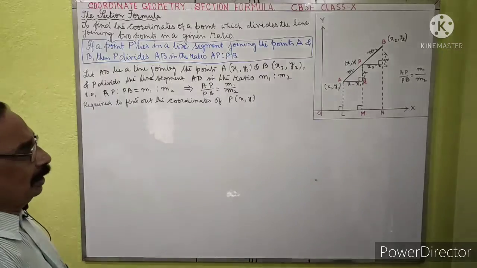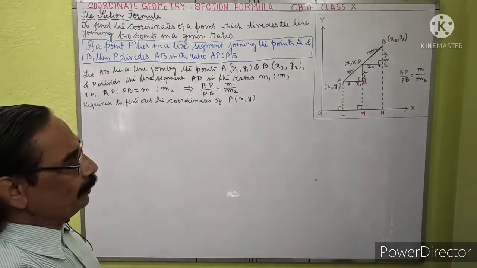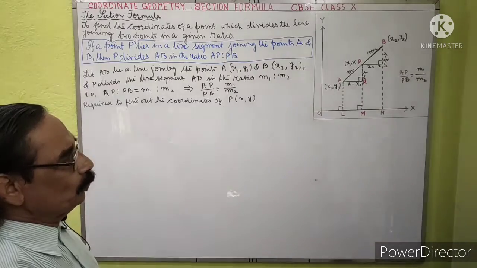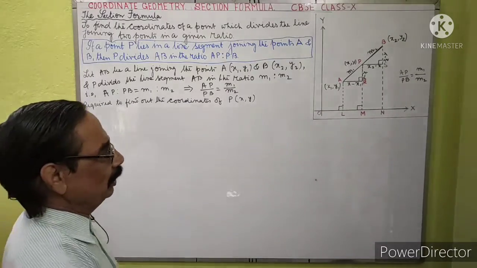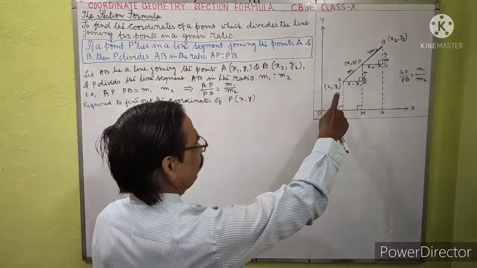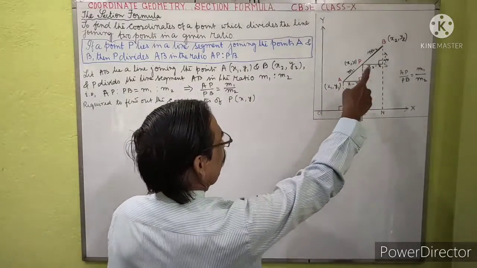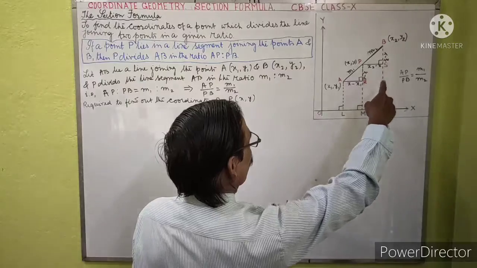We have drawn the line segment AB, and P is a point between A and B whose coordinate is x, y. Previously we said that the coordinate of A is x1, y1 and that of B is x2, y2.